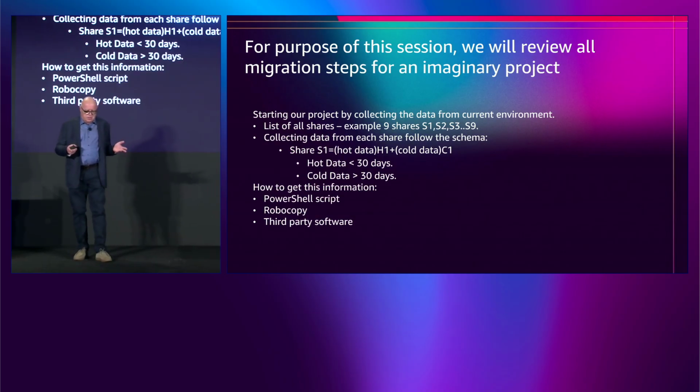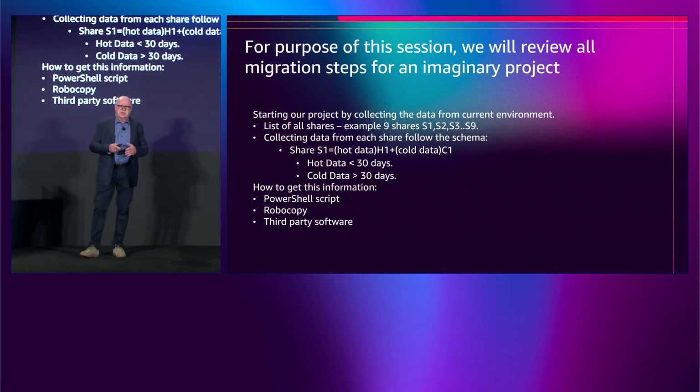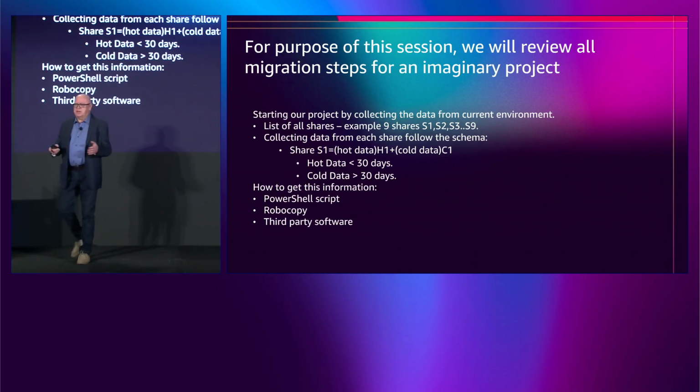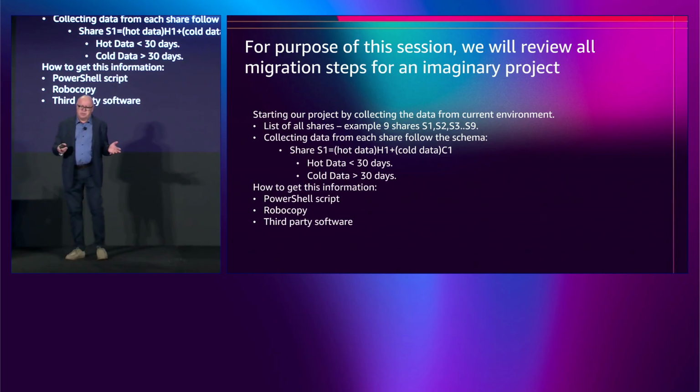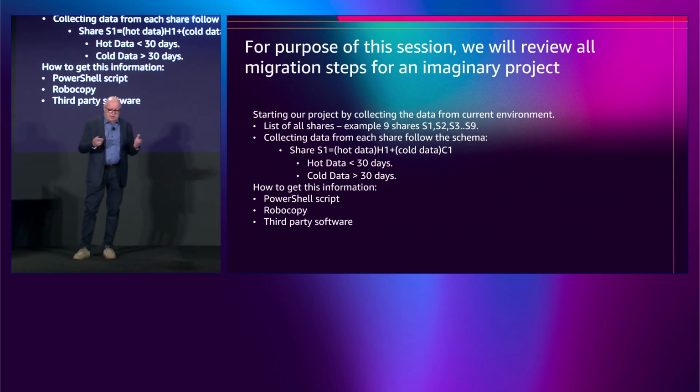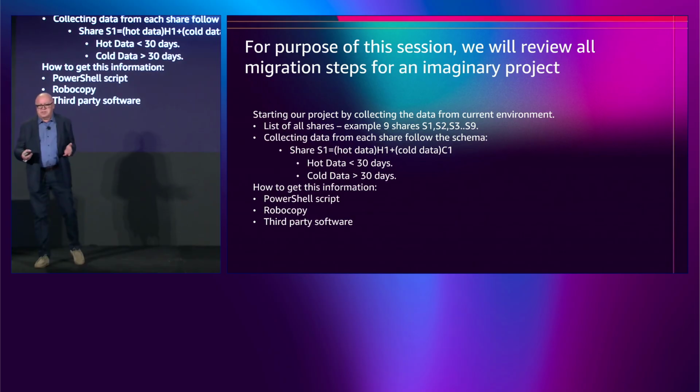And we also collect how much cold data we have. How do we get the information? If you ask anybody, everybody will say, yeah, all my data is active. But if you have third-party software tools, PowerShell, or RoboCopy, you can identify that from 100% of the data, maybe 10% to 20% is hot data.